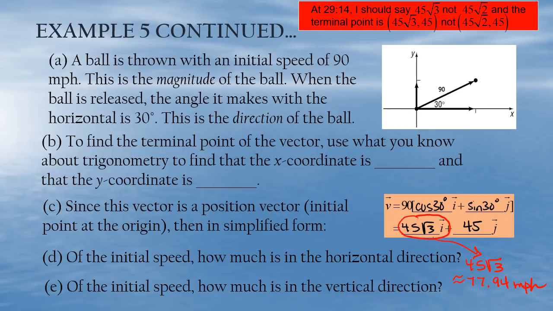Of the initial speed, how much is in the vertical direction? Well, that's my 45. I don't have to do any estimating at all. That's going to be 45 miles per hour. So the ball being thrown at an initial speed of 90 miles per hour is coming from a horizontal and a vertical miles per hour.